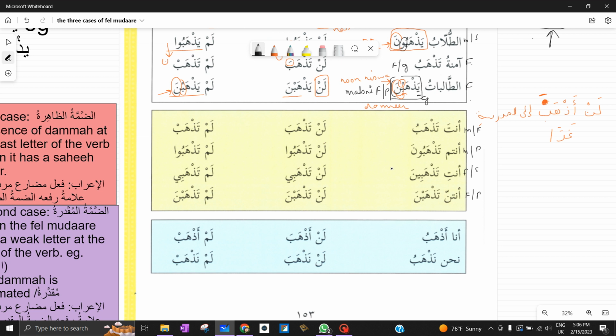That's why they have not introduced duals now. It's better to concentrate on singular and plural and not go into detail with muthanna now, inshallah. The muthanna lesson is at the end of this book, so we will do the muthanna rules at the end of this book.